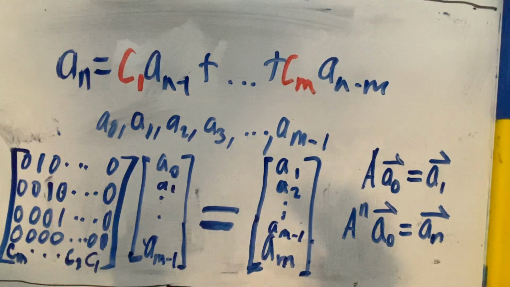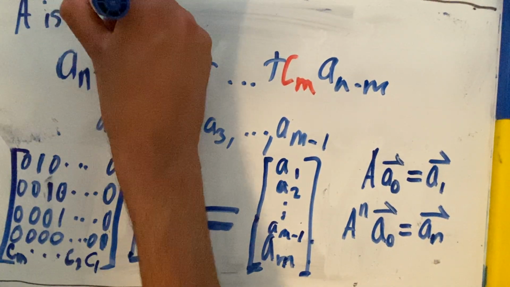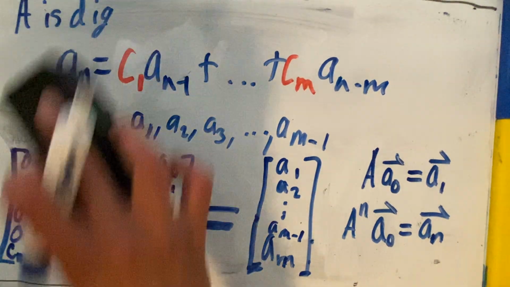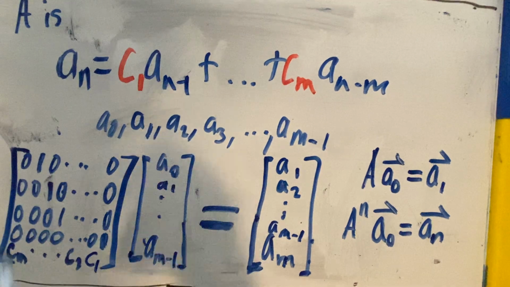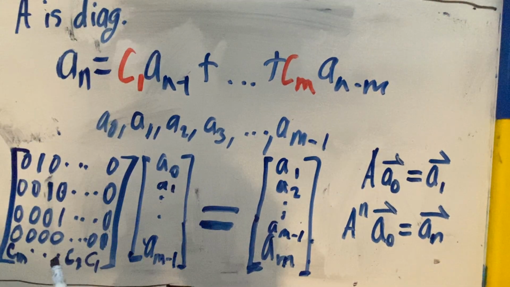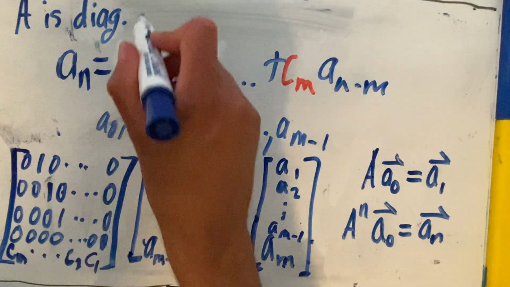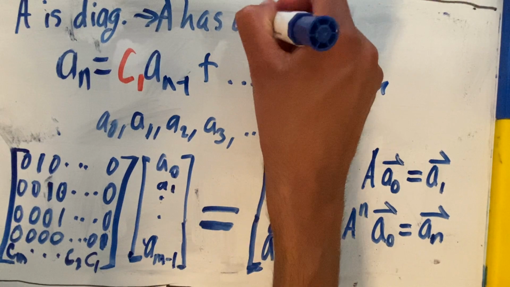And if A is diagonalizable, that means that A has an eigenbasis.